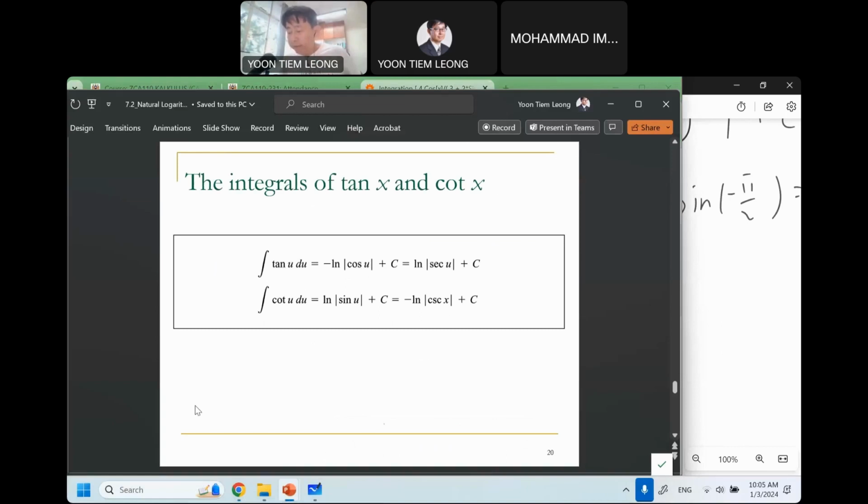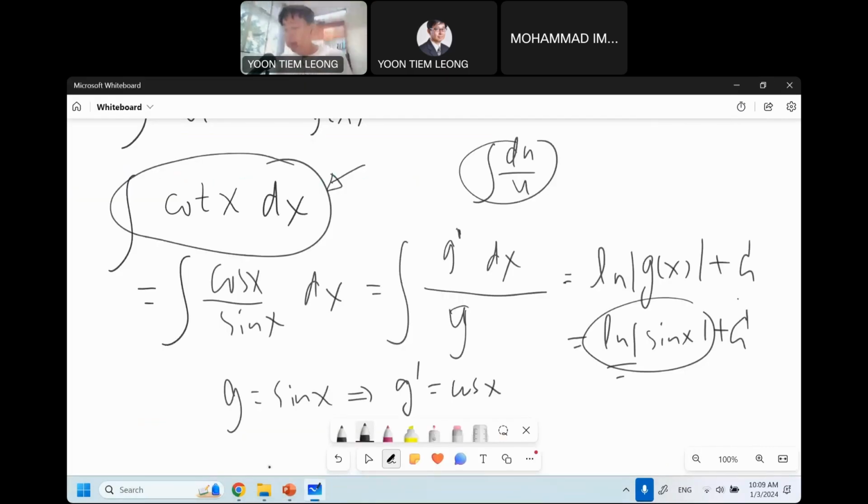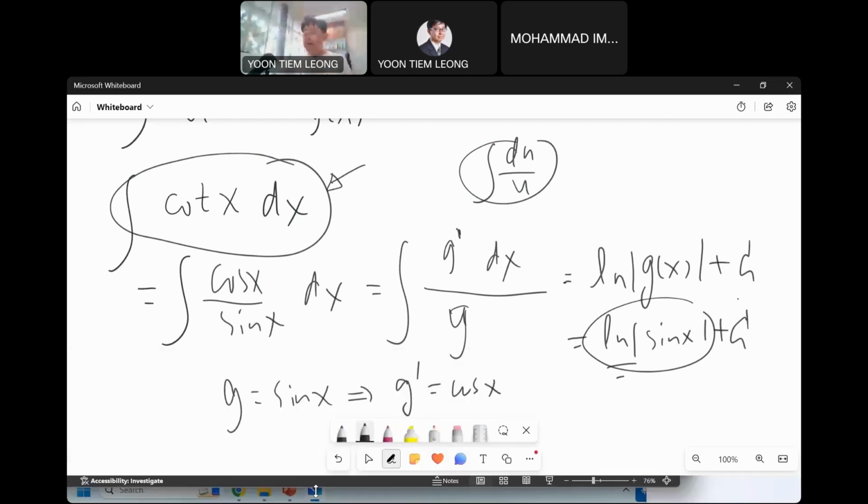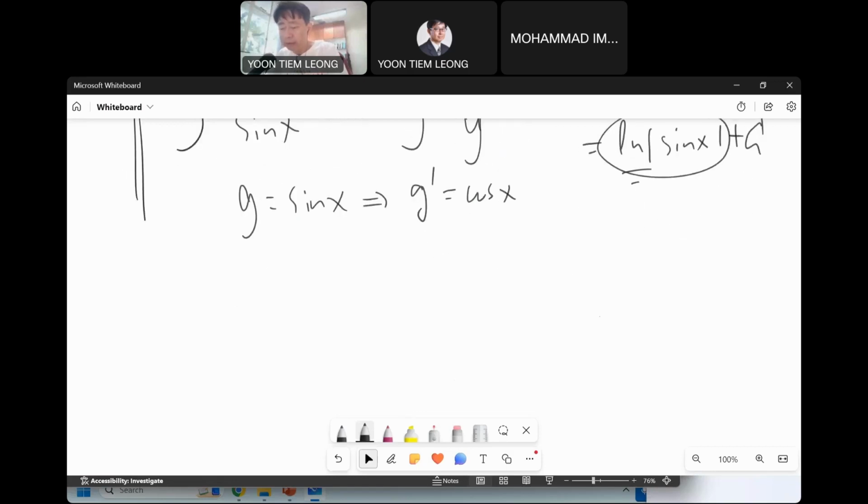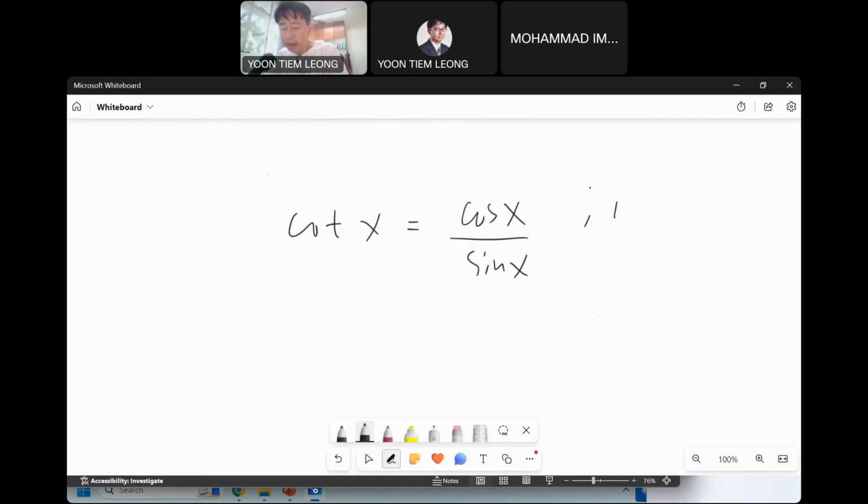The next example I want to talk about is the integration of tangent x and cotangent x. Cotangent x has an antiderivative equal to the log of sine x. You can derive the antiderivative for cotangent x using the formula of du over u, following the procedure here. You define cotangent x as the ratio of cos x over sine x, and you call u sine x.